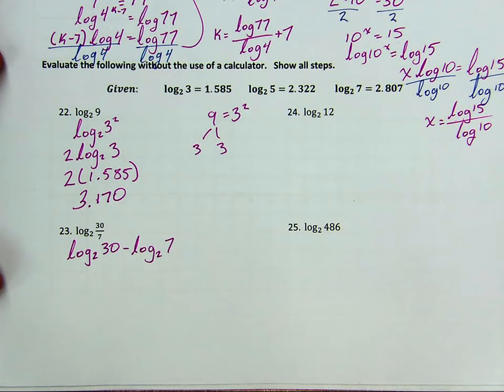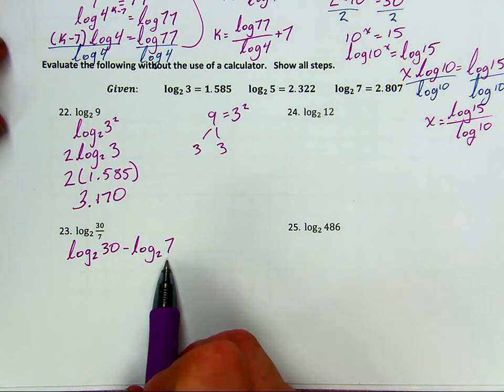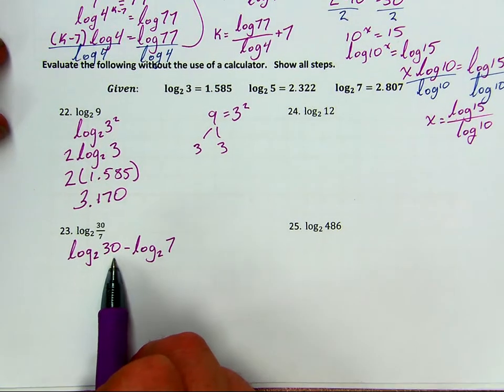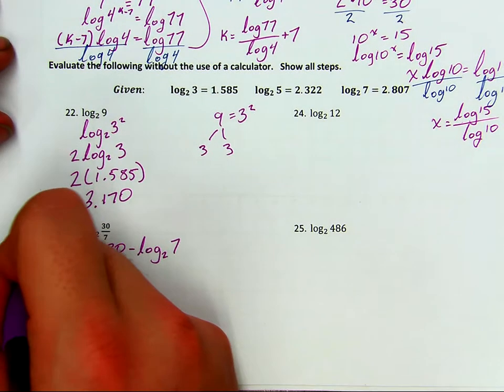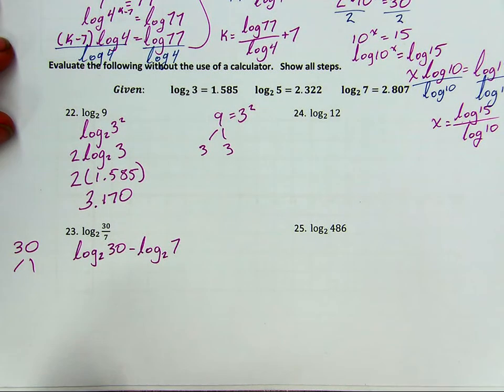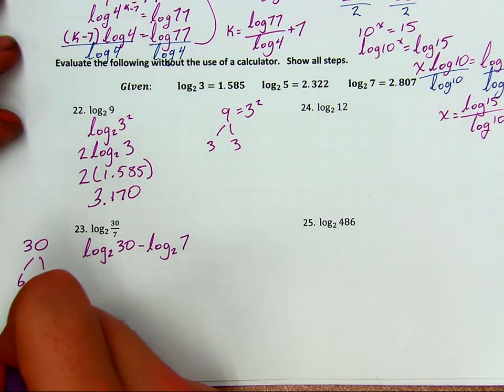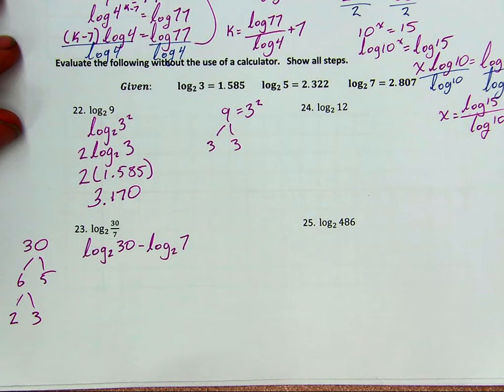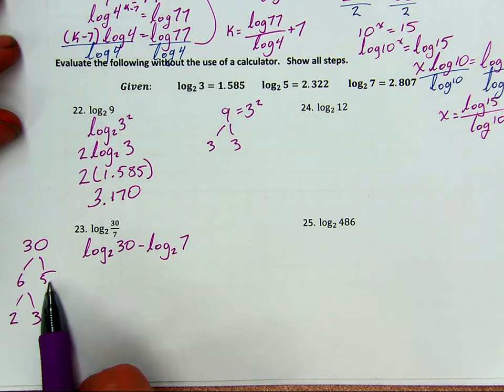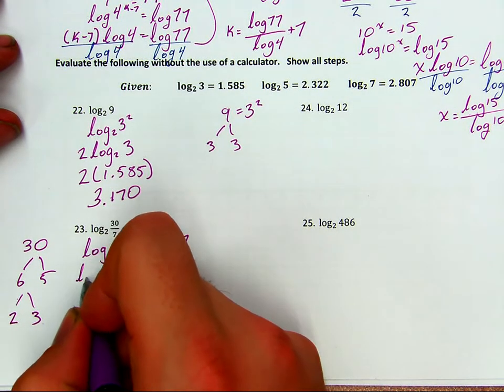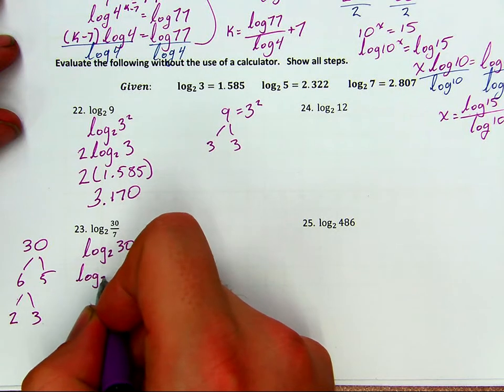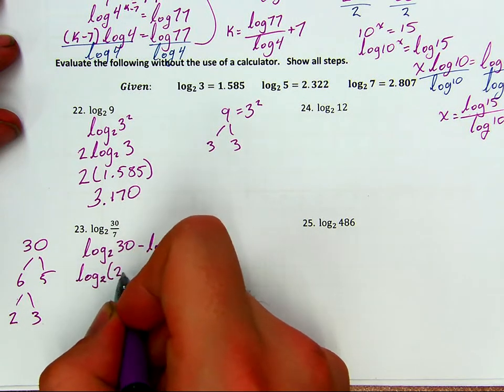So if we take this 30, we can factor that down to a 6 and a 5. And then that 6 will factor down to 2 times 3. So 30 is going to be 2 times 3 times 5, which means that log base 2 of 30 will then become log base 2 of 2 times 3 times 5. And then that log base 2 of 7 just goes along for the ride.